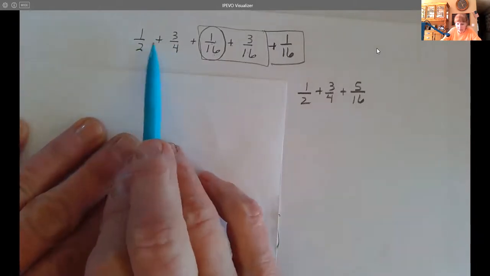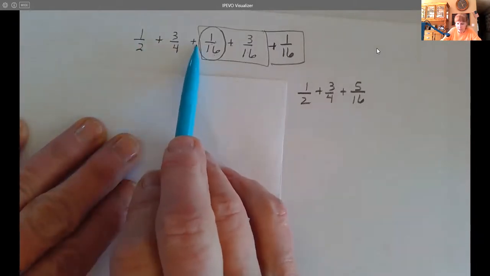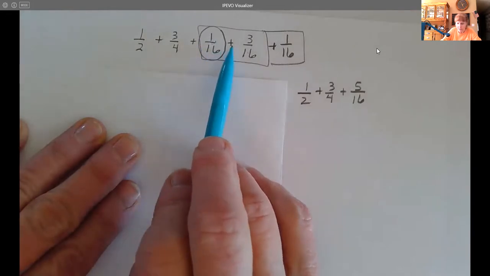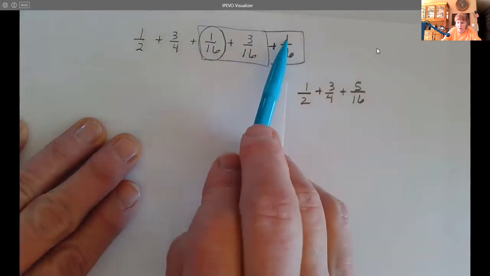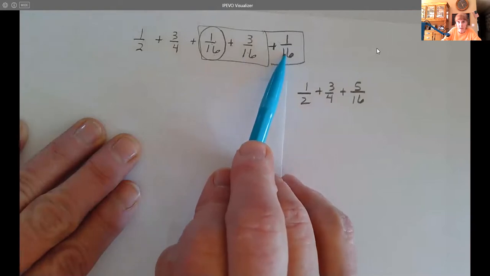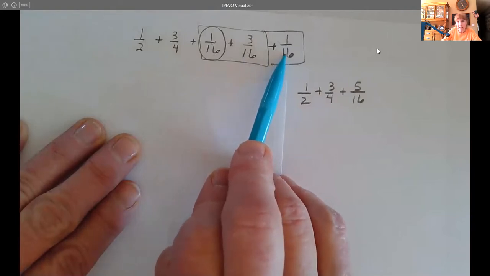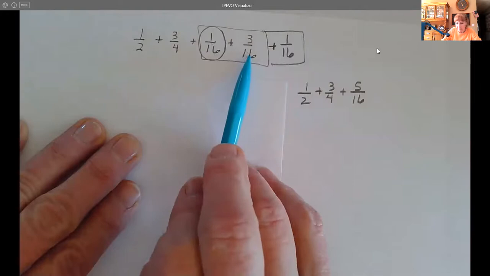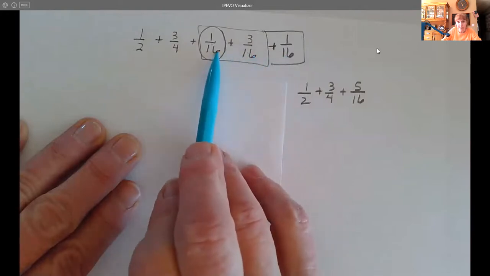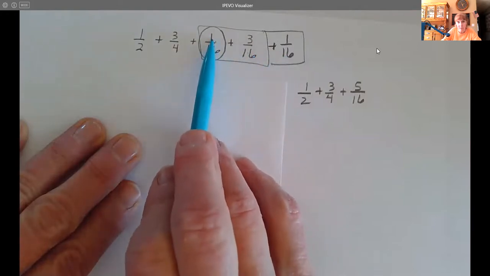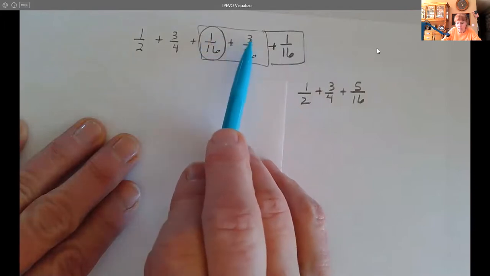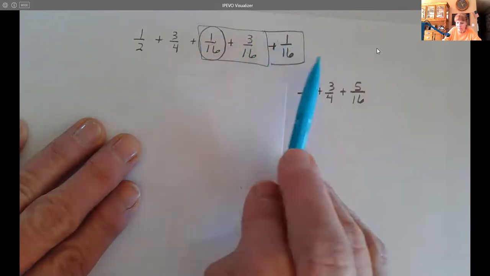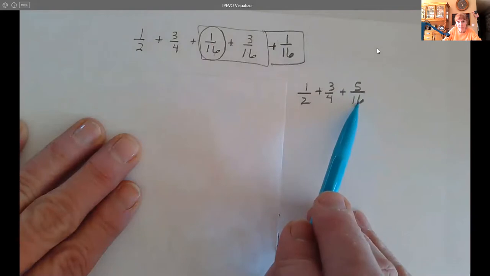So 1/2 plus 3/4 plus 1/16 plus 3/16 plus, here's our other washer that I forgot, sorry. But I have these 3 with a denominator of 16. So I'm going to add their numerators. 1 plus 3 plus 1 gives me 5/16.